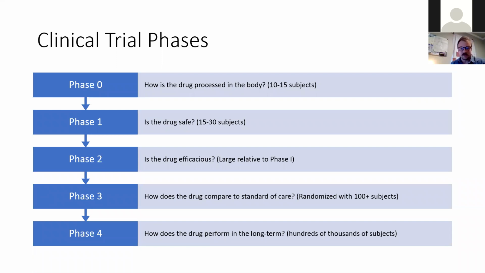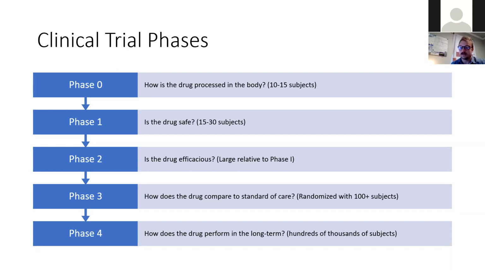Talking about clinical trial phases, many of you are probably already familiar with this, but just really briefly, trial design is typically divided into 4 to 5 phases, depending on whether you count phase 0. A phase 0 trial is usually the first clinical trial done among people.